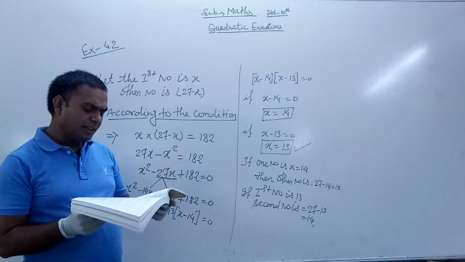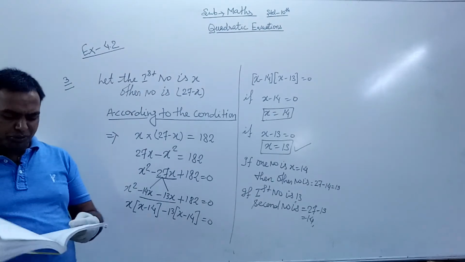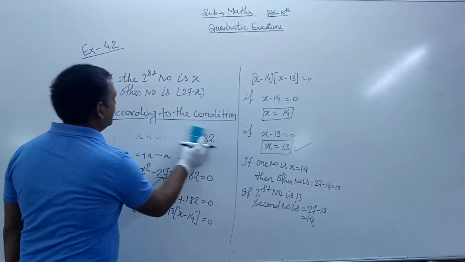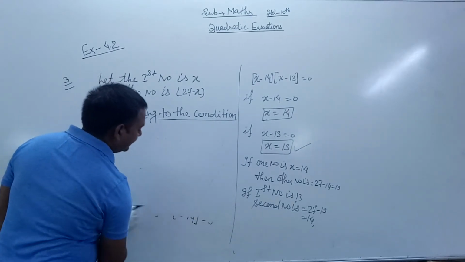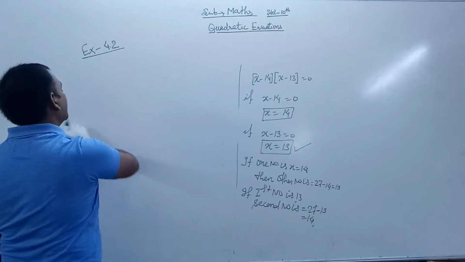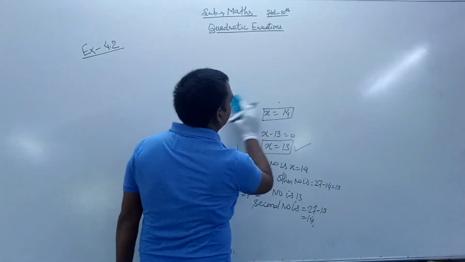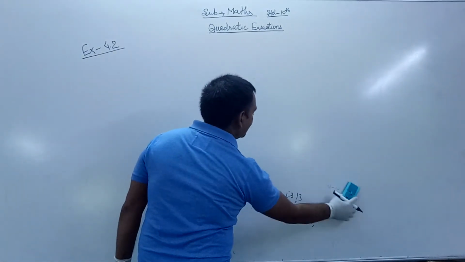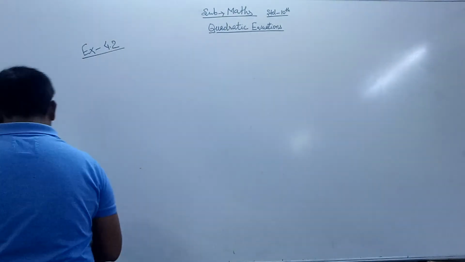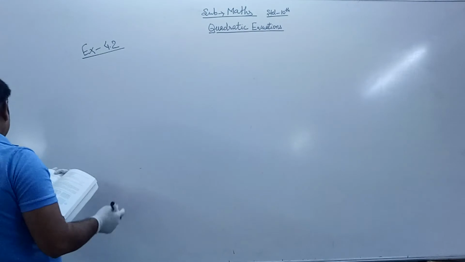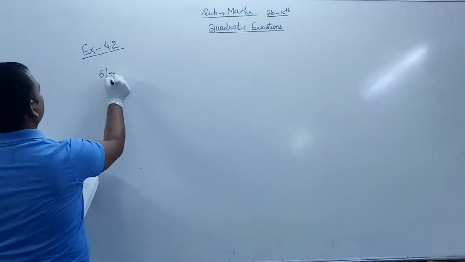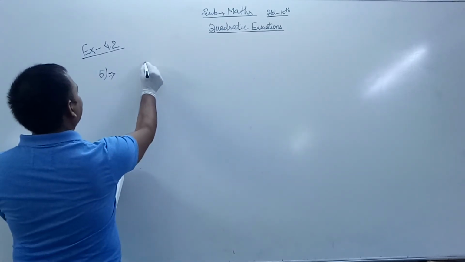Okay, let me solve another question, question number 5. Question number 5 is also a very interesting problem. If you read this question very carefully, then you can solve it in a proper way.